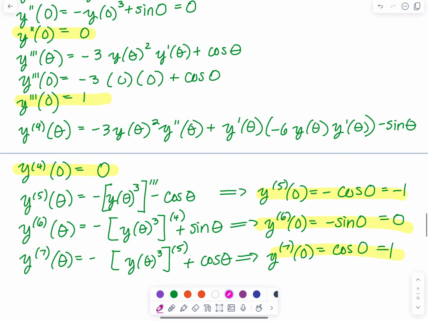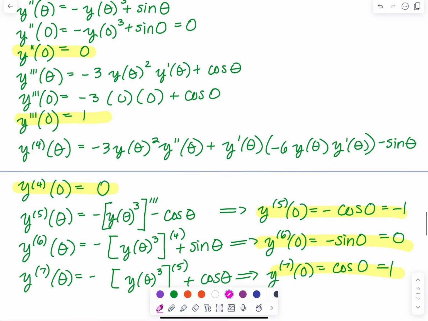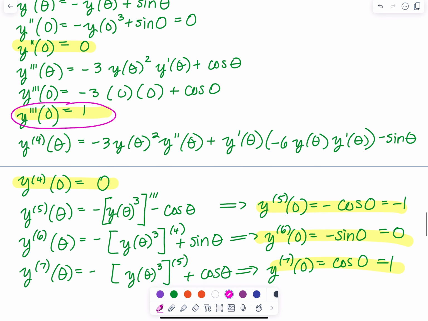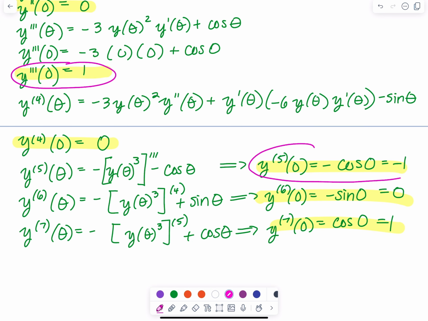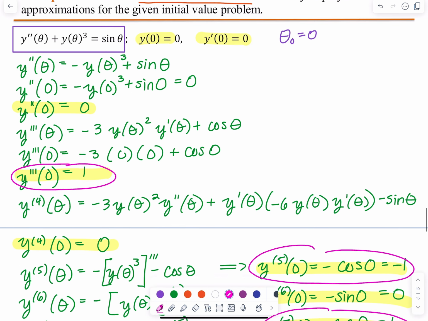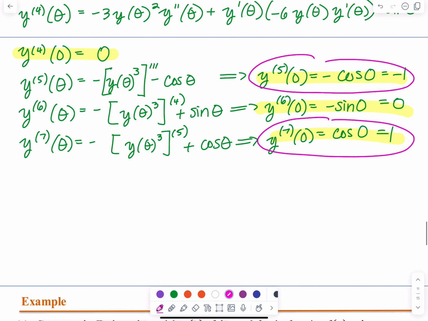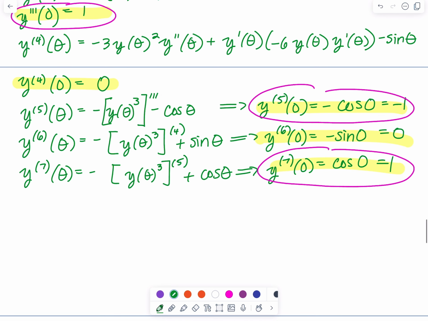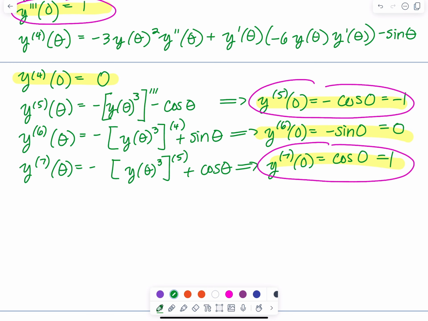So we do have some of these values, and hopefully we'll have 3. Here's 1, here's 1, here's 2, and here is 3. So now we can go ahead and write our first 3 non-zero terms, and as you can see, we're going to be at the seventh degree term.